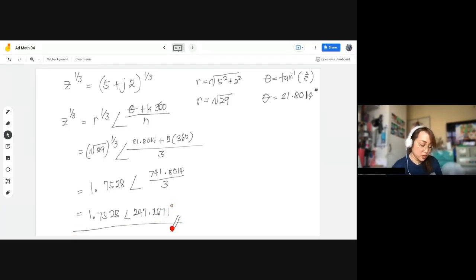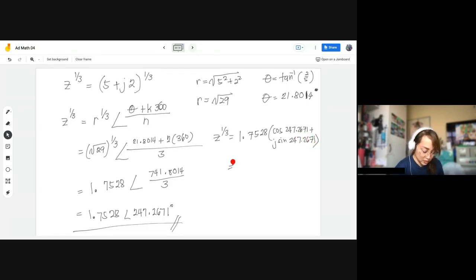Or, if you want it in rectangular form, trigonometric form first. Z to the 1/3 is equal to 1.7528 cosine 247.2671 plus j sine 247.2671.